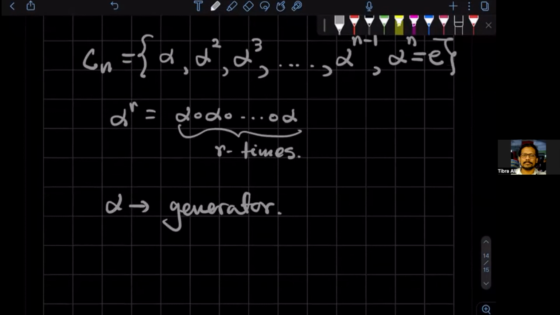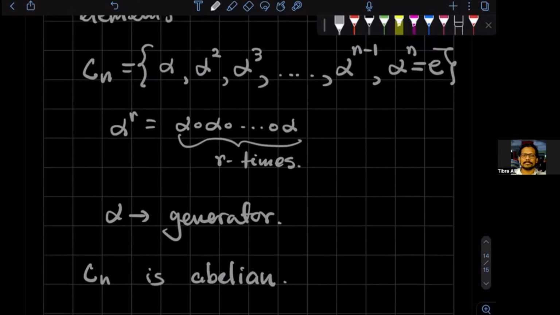So the cyclic group is abelian, because the group elements are generated by one element.